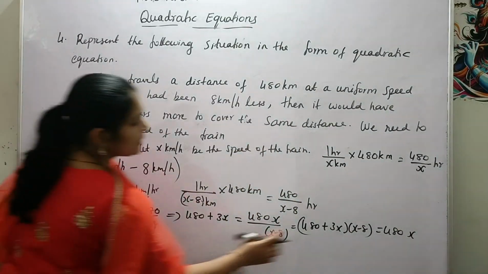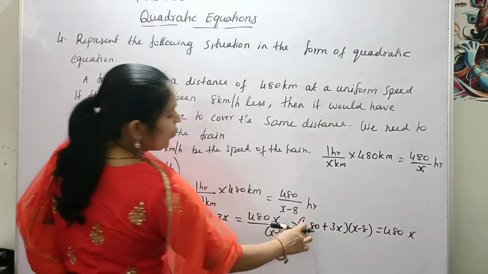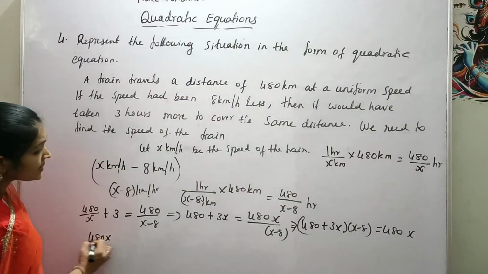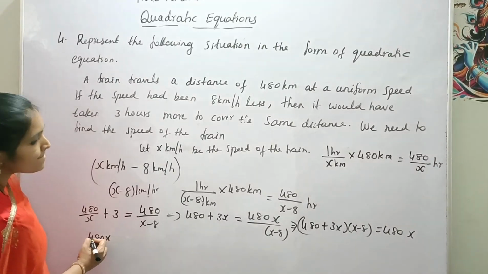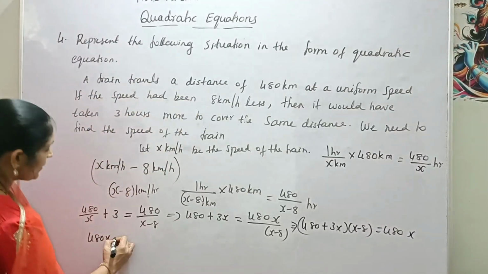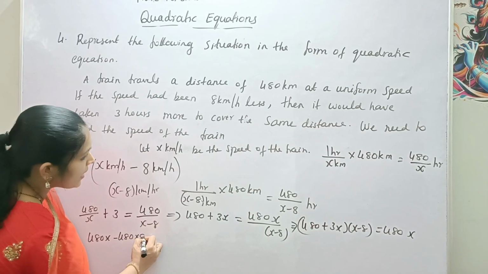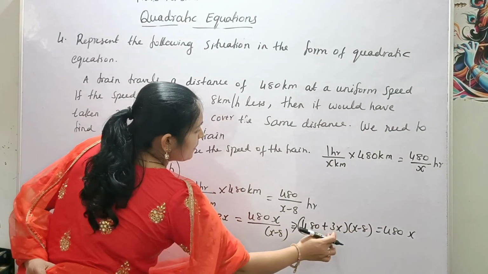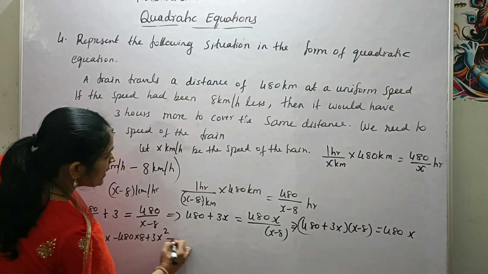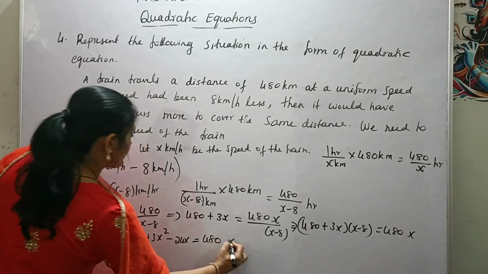Simplify this one. 480 into x minus 480 into 8 plus 3x square minus 24x is equal to 480x.